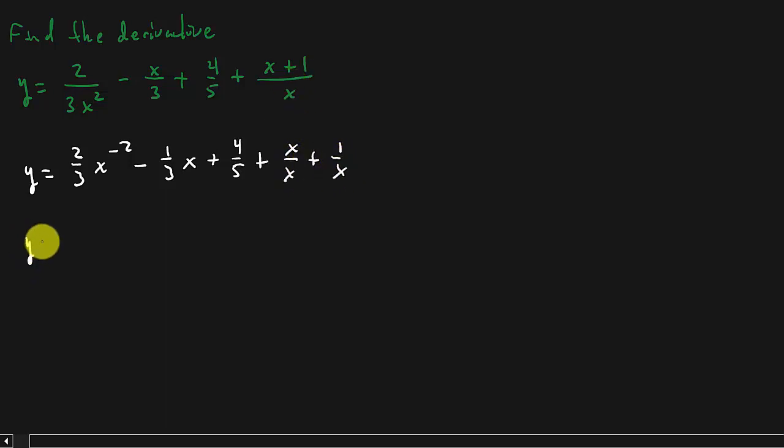So I've got y equals 2/3 x to the negative 2 minus 1/3 x plus 4/5 plus 1 plus x to the negative 1. I wrote everything out where I can just use the power rule. And this is not hard going from here to here. You would have a lot more work you would have to do if you did the quotient rule on this, this, and this.